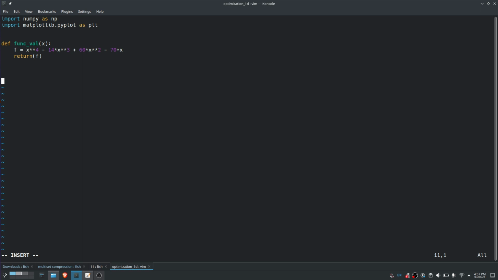Okay, let's start with initial values. Suppose I want to minimize this function over the interval 0 to 2. So a previous equals 0, b previous equals 2.